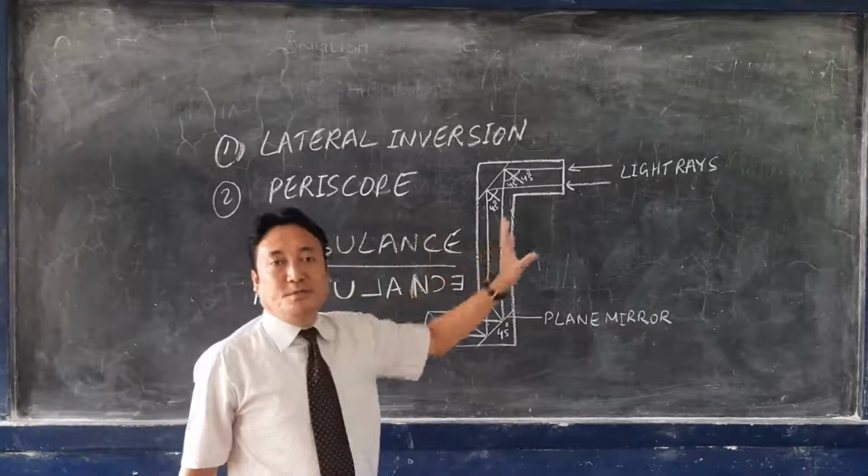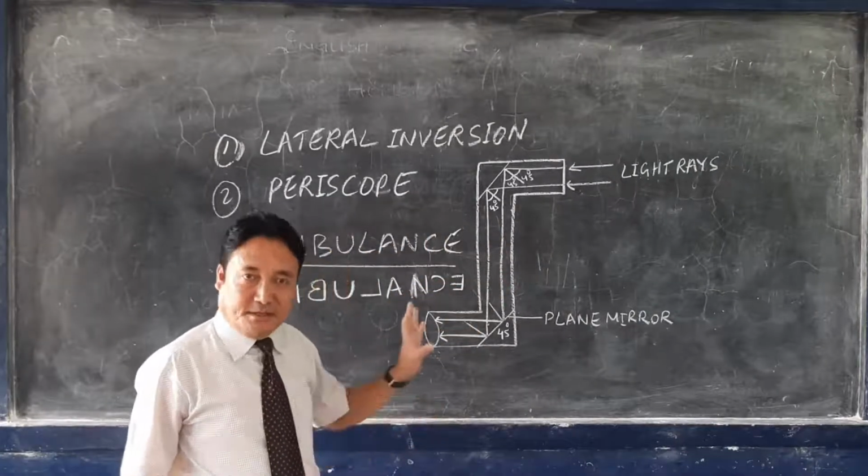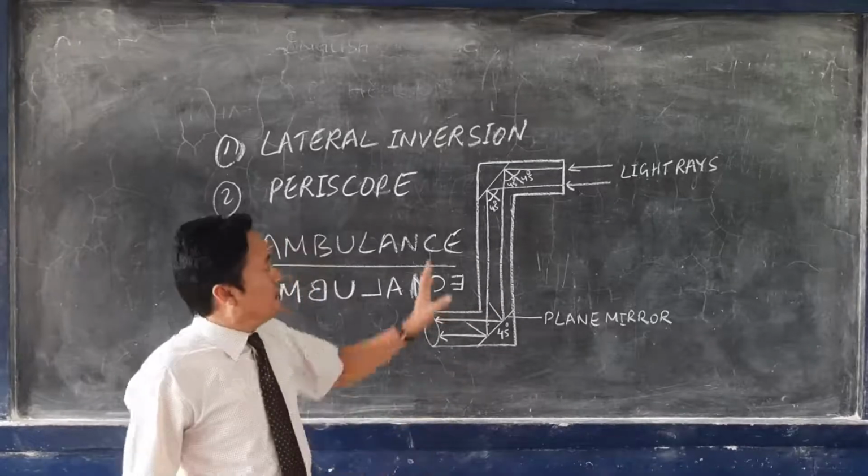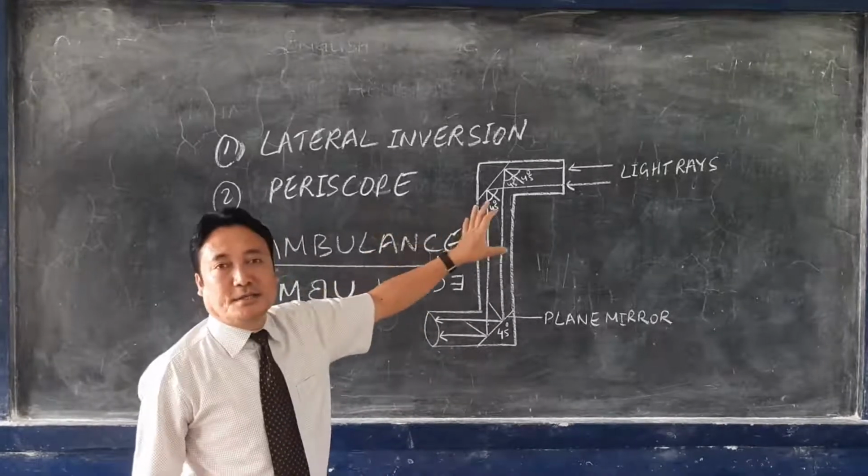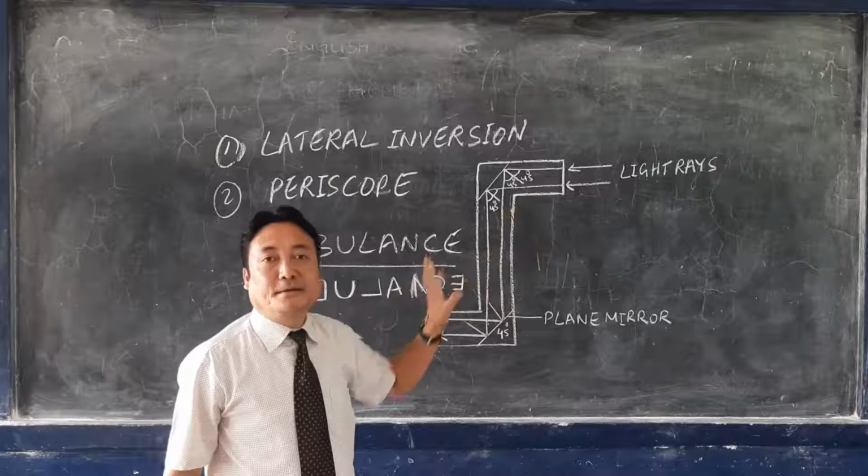This periscope also uses plane mirrors. It is a device with which you can see an image, and it also uses plane mirrors.